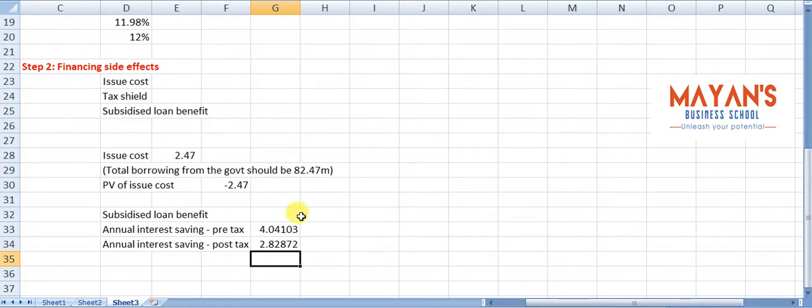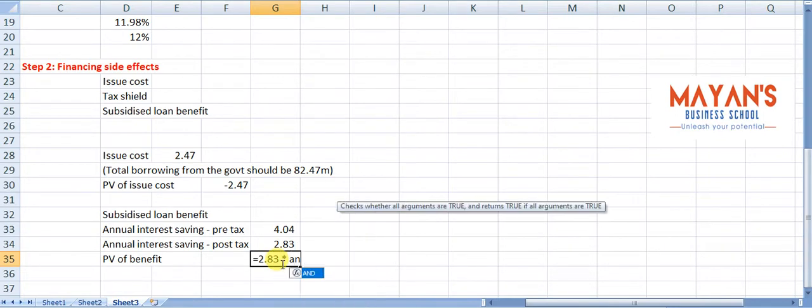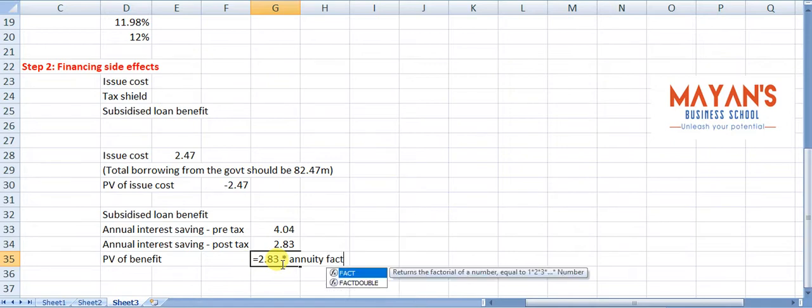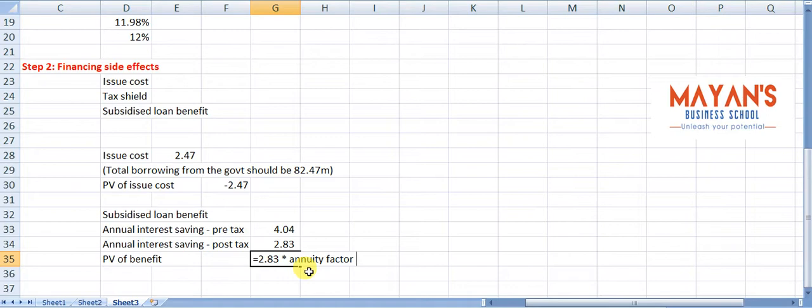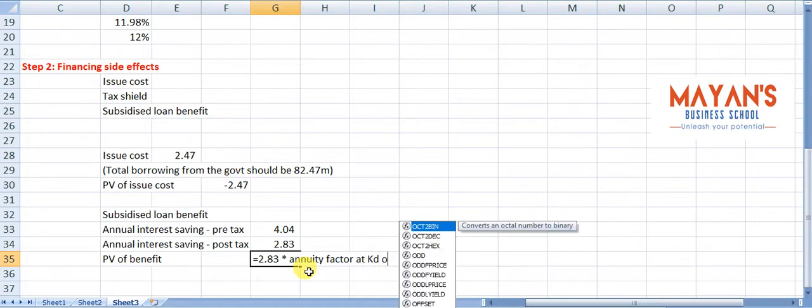And remember, this is an annual thing. It happens every year. For how many years? 4 years. The project is going for 4 years. So PV of benefit. PV of this particular benefit will be this 2.83 multiplied by annuity factor, or cumulative present value factor, annuity factor at KD or RF.